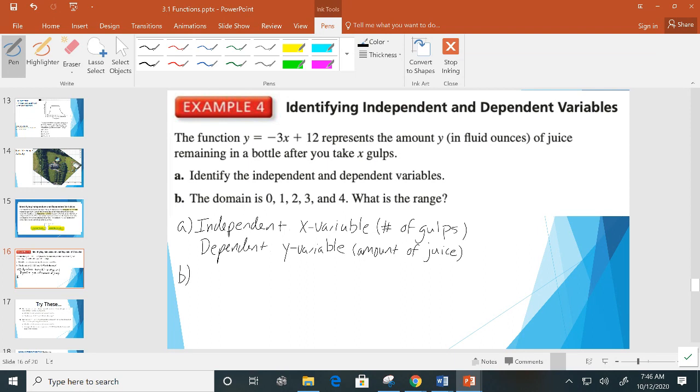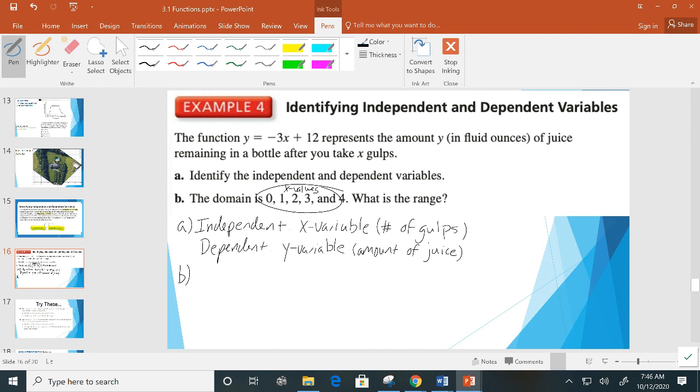They're telling us the domain is 0, 1, 2, 3, and 4, and they're asking us what the range is. The domain is your x values, and all they're asking us is to determine what your y values are. If you're asked a question like that, you can just plug those x values into your equation to get the y values.